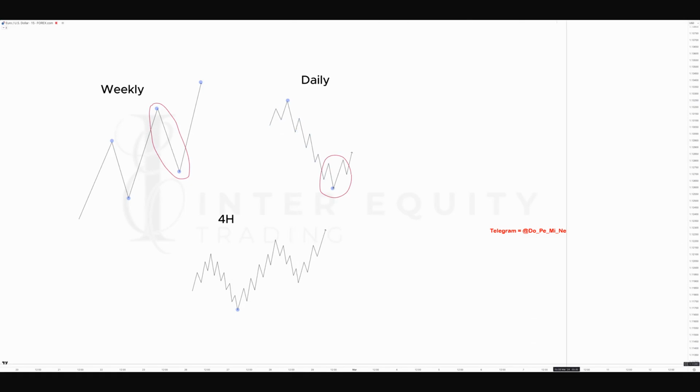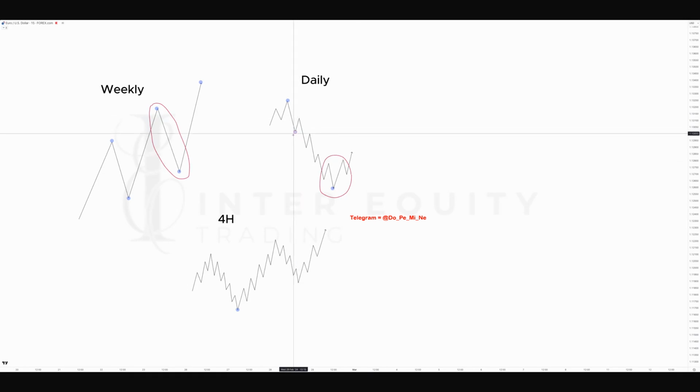One second. So right here, let's make this yellow. Okay, actually, let's make this violet.